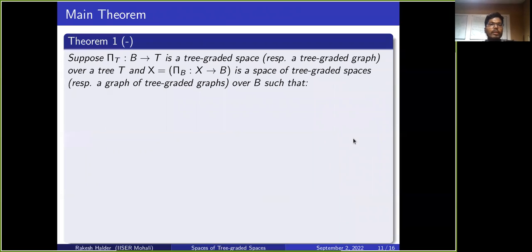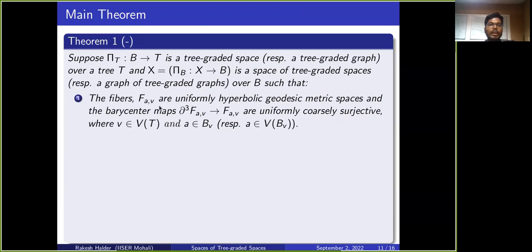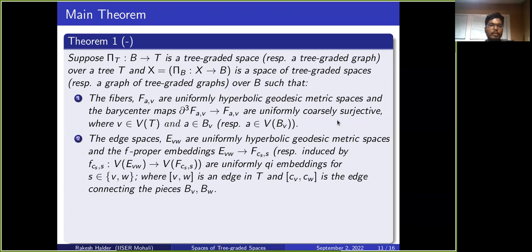And so now let me state the main theorem. Suppose π: X → B is a space of trigged spaces over B, where B is a trigged space over T, such that the fibers are all uniformly hyperbolic geodesic metric spaces, and the Gromov boundary of each fiber consists of at least 3 points. Then we have a barycenter map, and we are assuming that these barycenter maps are uniformly coarsely surjective.